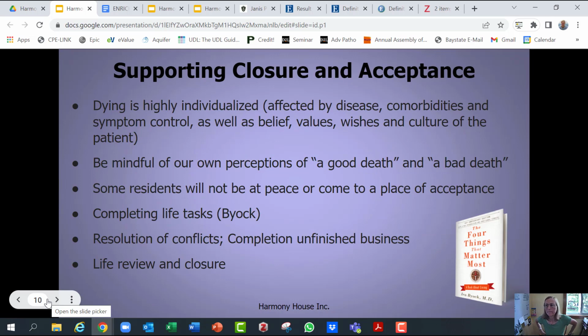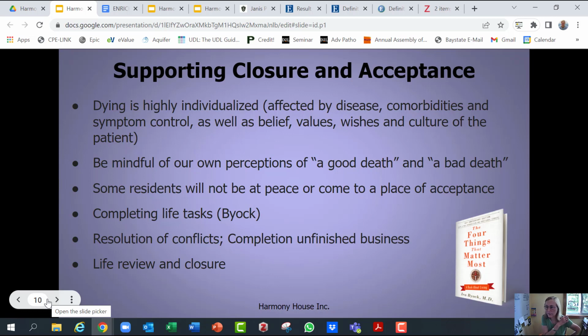Okay, so supporting closure and acceptance. Again, we've talked about that dying is highly individualized. It can be related to culture, individual person's preferences, as well as what disease they're dying from. So something like lung disease is going to cause more breathing trouble, whereas somebody with a regional or localized cancer, maybe in their belly, may have more pain and less breathing troubles.